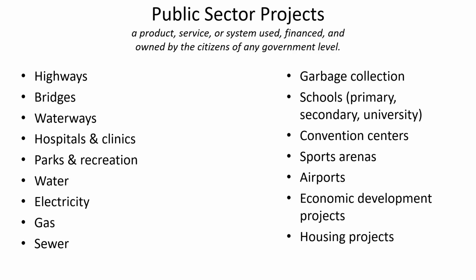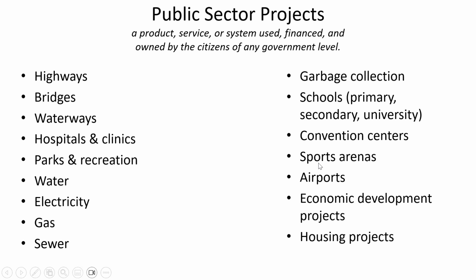But an airport costs billions of dollars to construct, and it may be 20, 30, or even more years before enough revenue comes back to justify a project like that. So public sector projects are sometimes financed by the government because individual companies wouldn't have enough money or resources to initiate the project on their own.